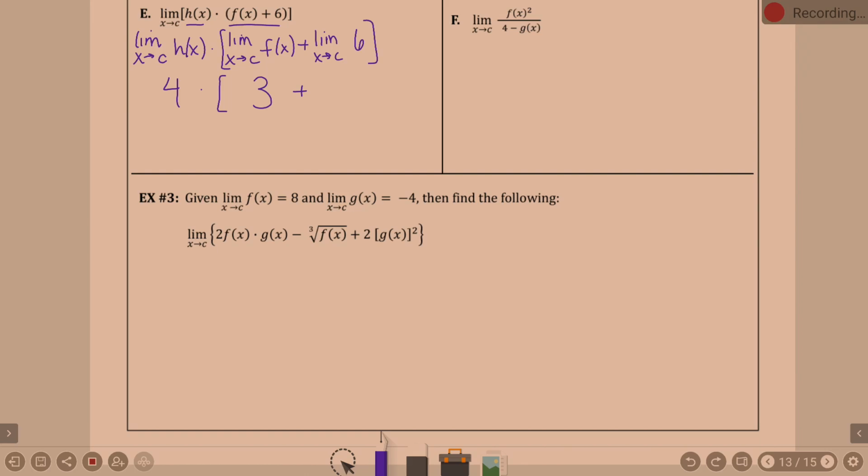Okay, this is not identity, it's that very first property. Constant. Anytime you have a constant, a number, it's just that number. So the limit of 6 is 6.